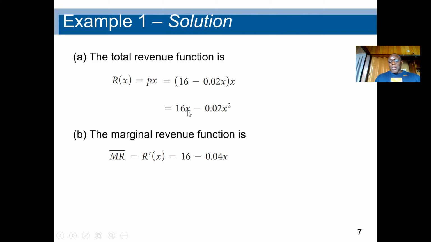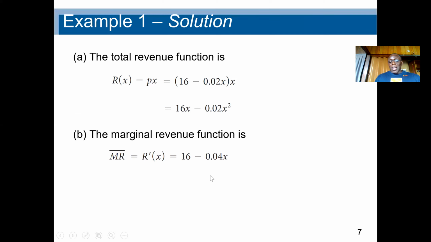Any base raised to the exponent 0 is 1. So the derivative of 16x will be 16. Now 0.02x squared: 2 times 0.02 gives me 0.04. 2 minus 1 for the exponent is 1, so it's x. So this is the derivative of the revenue function R(x), which is also called the marginal revenue.